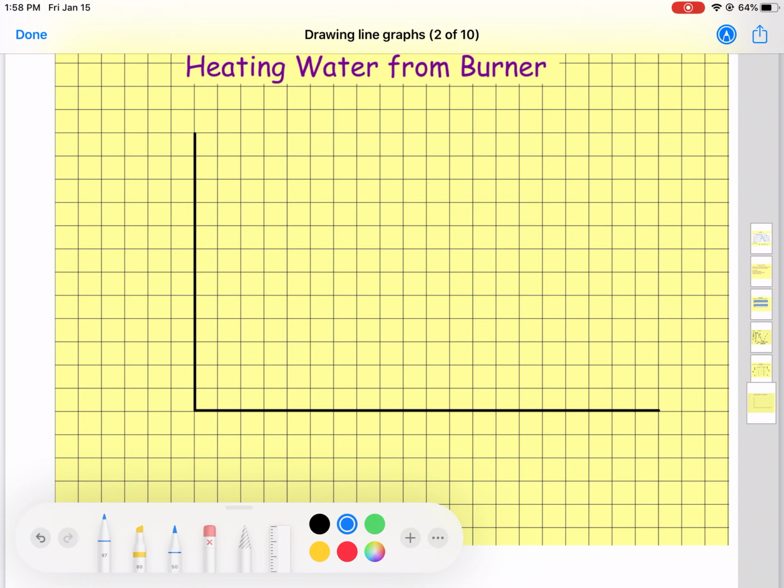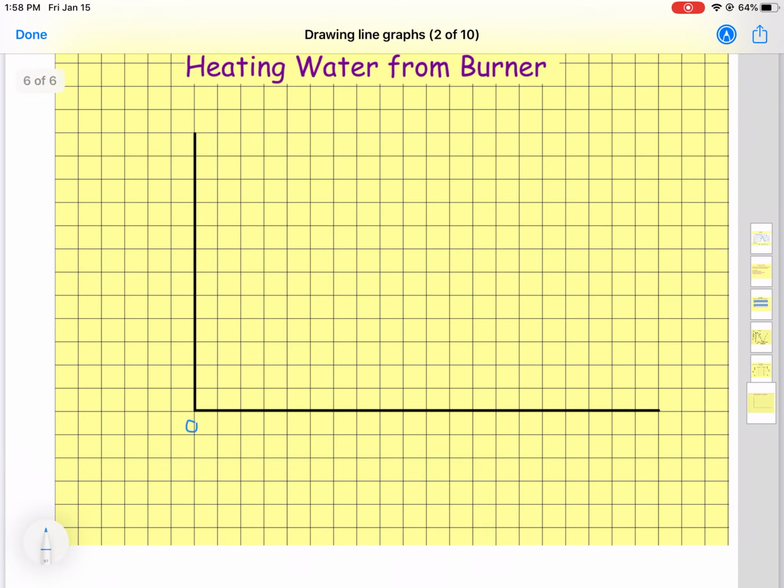So the time has to go from 0 to 10. So 0 at the start, 1, 2, 3, and so on. Okay, so that's my time. You can see it's on the line rather than in the boxes this time. And the temperature has got to go up to 100. So what I'm going to do is go up in tens.